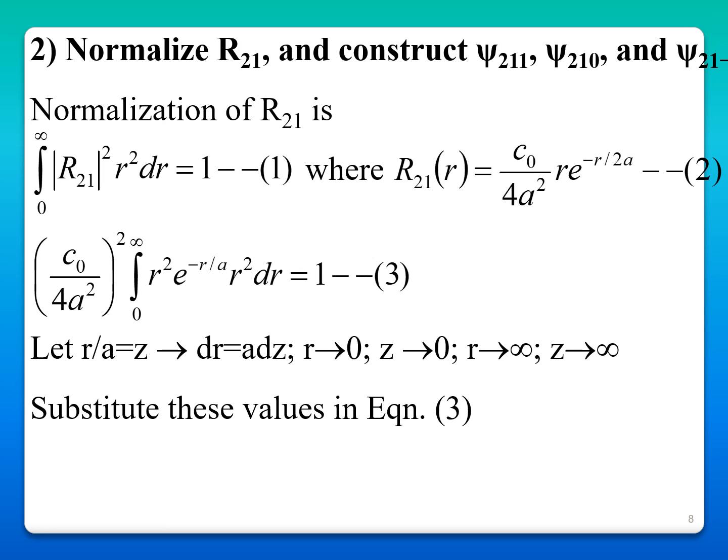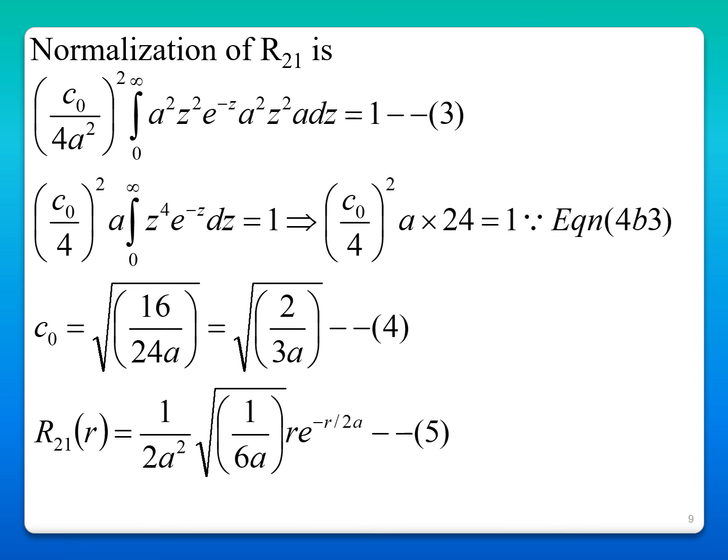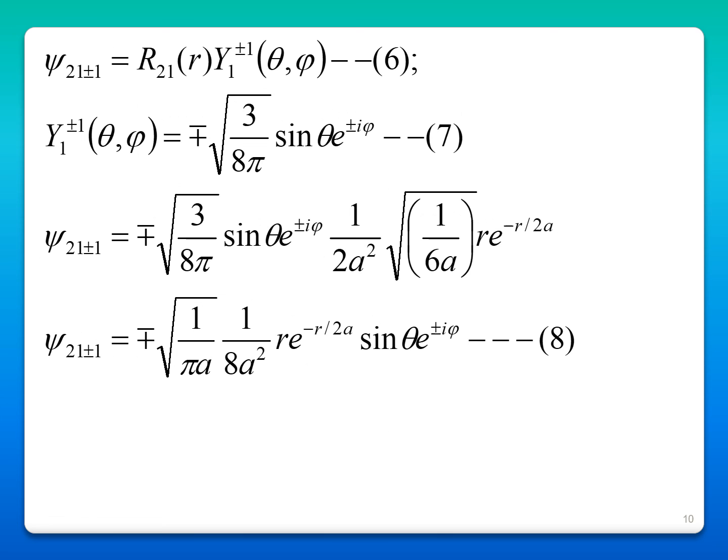Now you substitute this and also you take r by a as z, and if you substitute all these values, then you can get the normalization of this value, and C naught is equal to square root of 2 by 3a. So R21 of r is equal to 1 by 2a squared, square root of 1 by 6a, r into e power minus r by 2a.